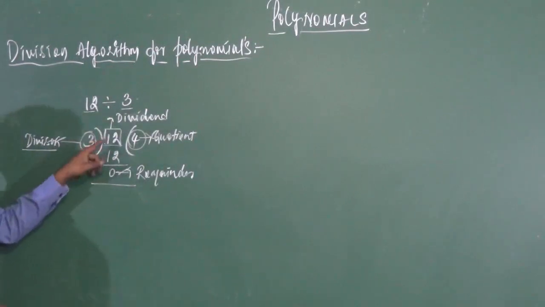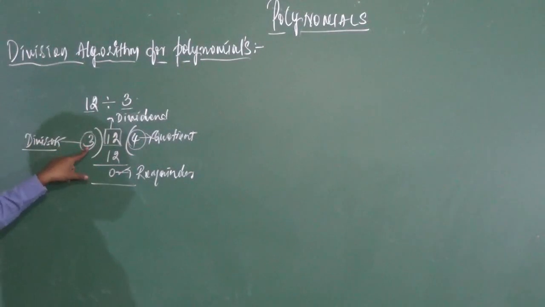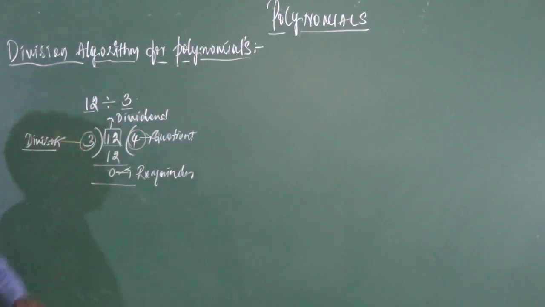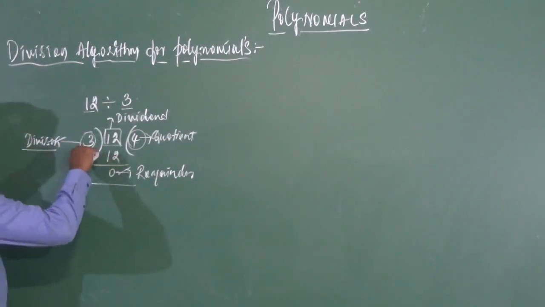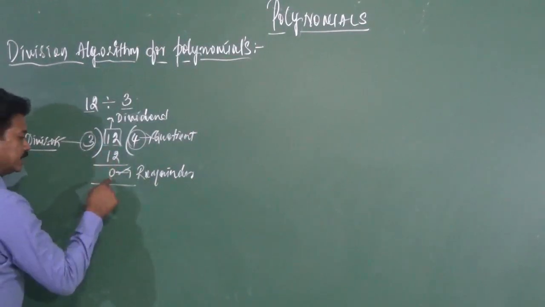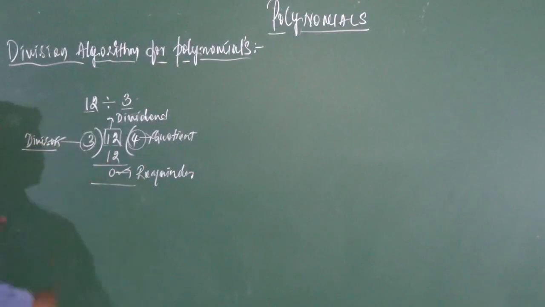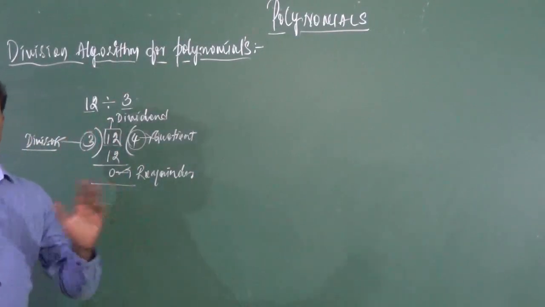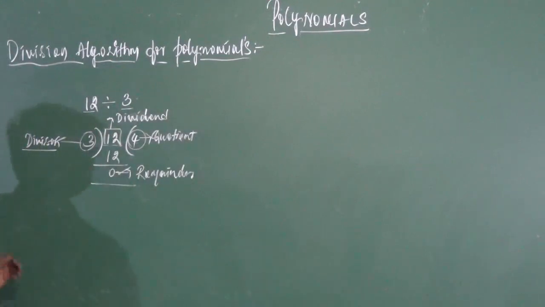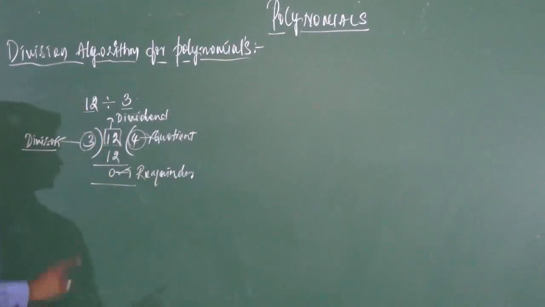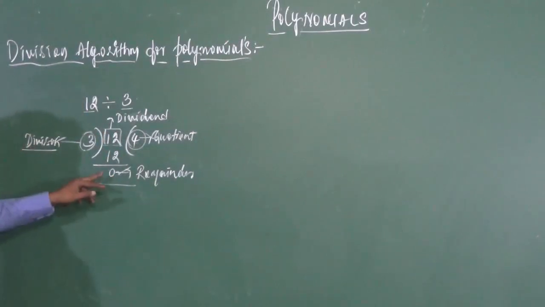Now, when you divide a number by another number, and after the division process you get 0 as the remainder, we come to two very important conclusions. Among those two conclusions, one is that 3 is a factor of 12. That is the first conclusion, because we have got the remainder 0.